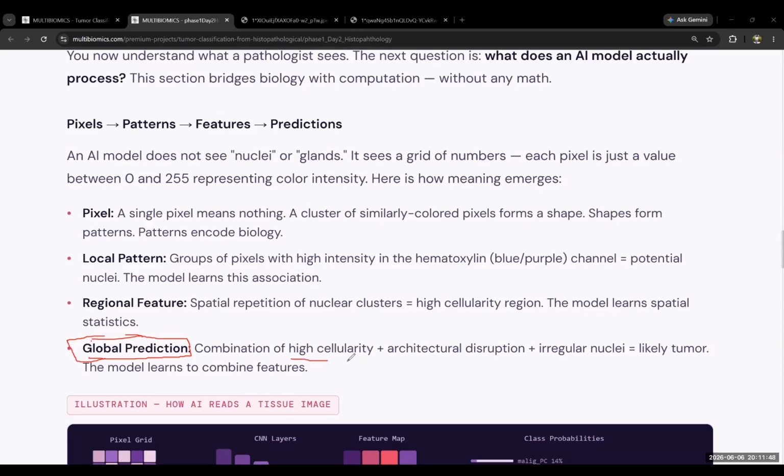If it has seen high cellularity, that means a dense area, and if it has seen that the architecture is disrupted, the glands are not formed correctly, the nucleus is irregular, then it will predict a high probability that it is a tumor. In that also, if it is more inclined towards normal, then it can be benign, or it can be malignant.